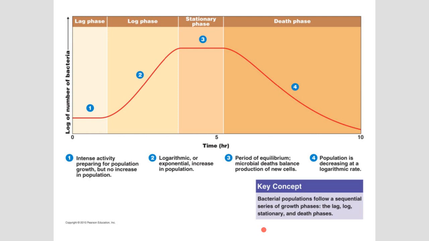Then all the bacteria go through a phase we call stationary phase. They stop, and then they go for a decline. So this is a basic concept of the growth phases of bacteria. They go through lag, log, stationary, and death phase over time. And that time varies. Okay?